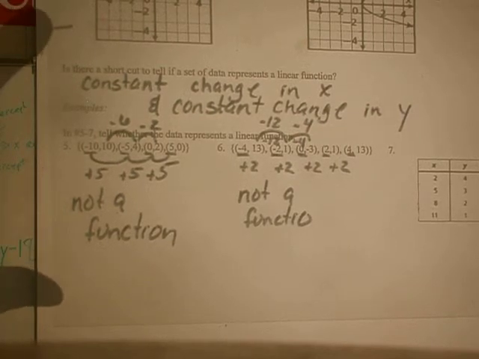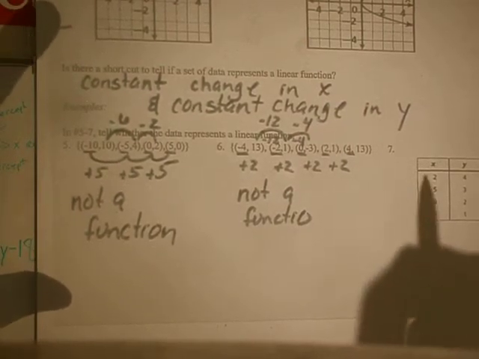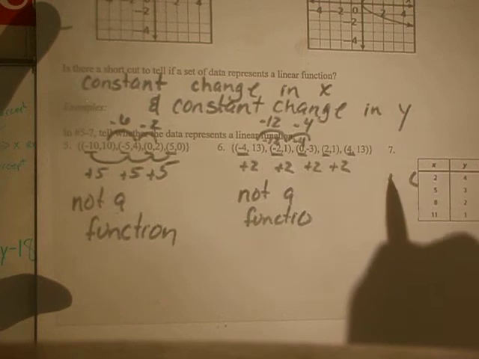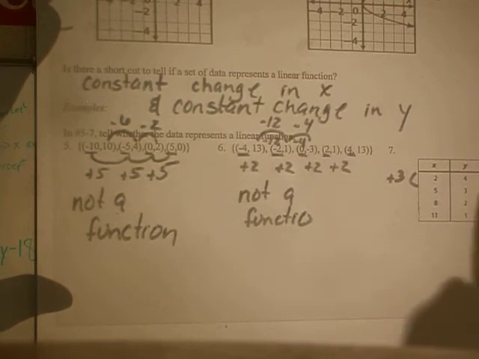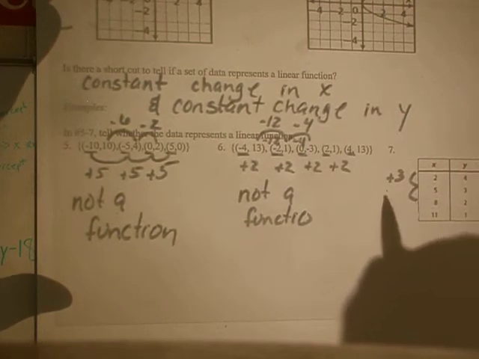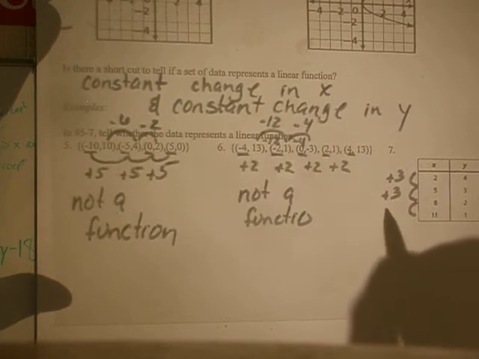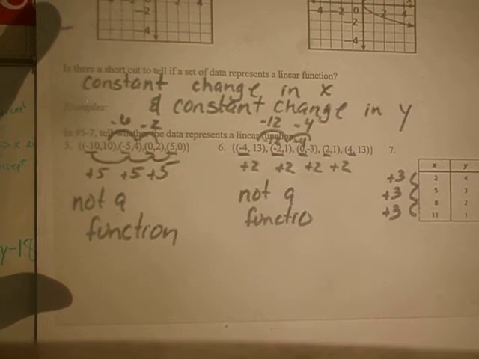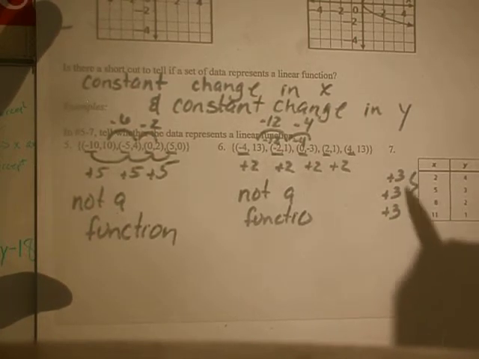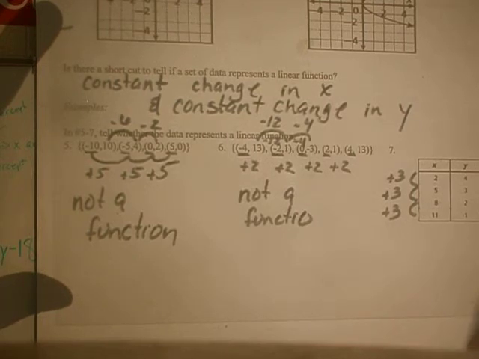And number 7, our table's going up and down rather than across. From 2 to 3, we have increased by 3. 5 to 8, we have increased by 3. And from 8 to 11, we have increased by 3. So our x's, that is a constant change.